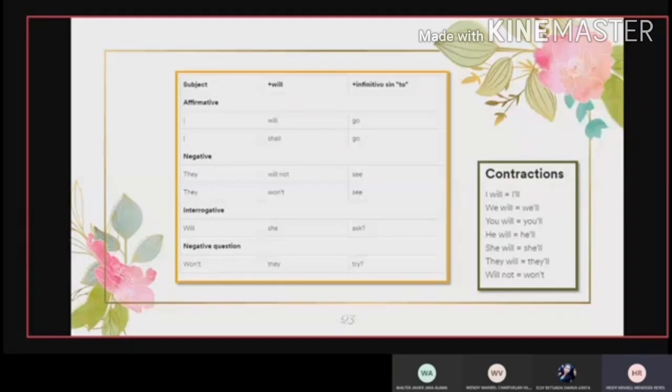Shall is used primarily with the first person, for example I and we, to offer or suggest something or to ask for advice, see the example above. With the rest of the persons, you, he, she, they, shall is used only in poetic or literary construction, as in: with rings on her fingers and bells on her toes, she shall have music wherever she goes.